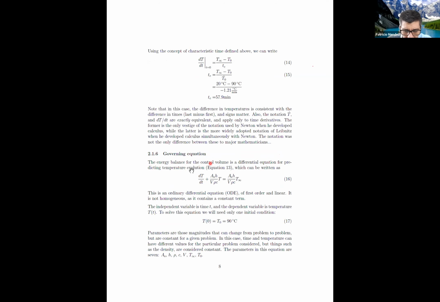Now, this expression is a differential equation. And much of what you're going to see in this class, and one of the reasons why it can be a challenging class, is that all these things we know from intuition or common sense, or these energy balances that look so innocent initially, when we put it all together end up being a differential equation.